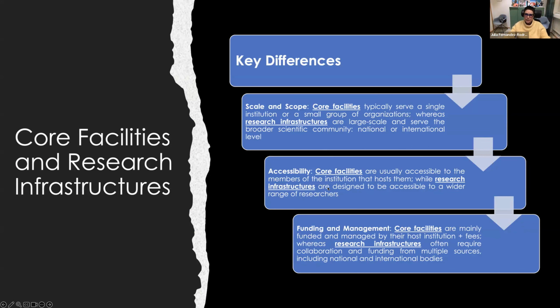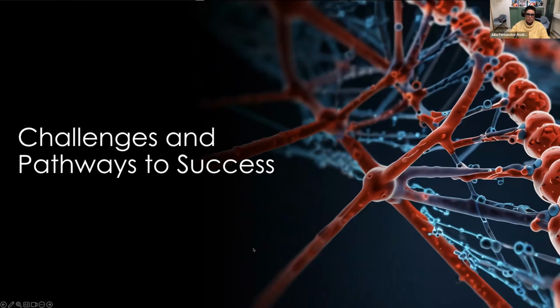The visibility and accessibility are also different. Normally a core facility is accessible to the institutions that host it, while research infrastructures are designed to be accessible to a wider range of researchers. And of course, in funding management, as I just showed you, the national funding allows us to be a national and international research infrastructure. But of course, there are challenges and a pathway to success.